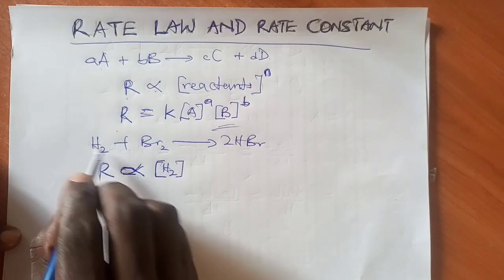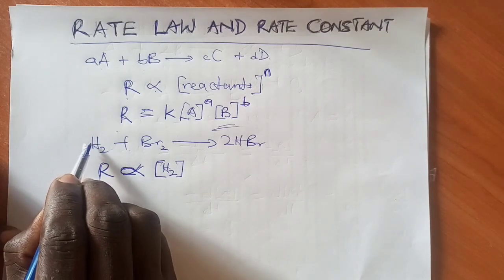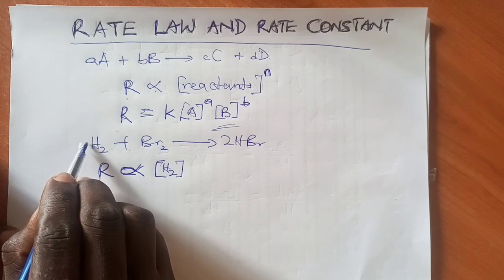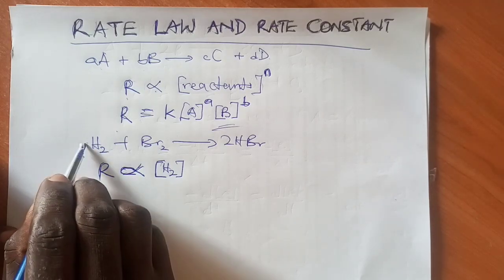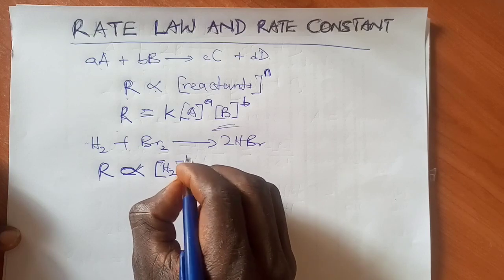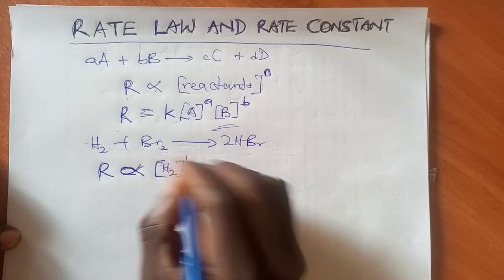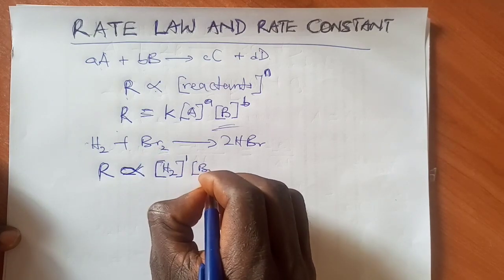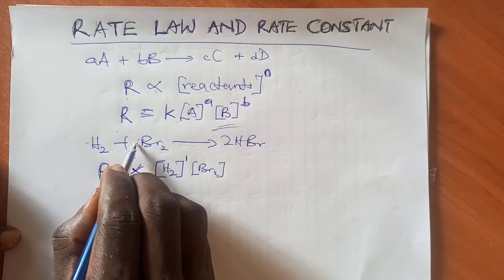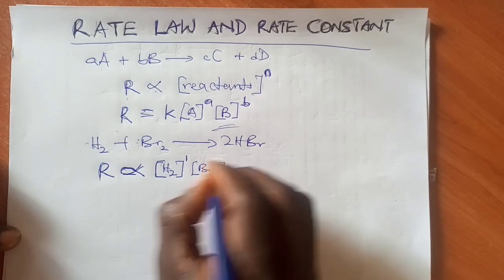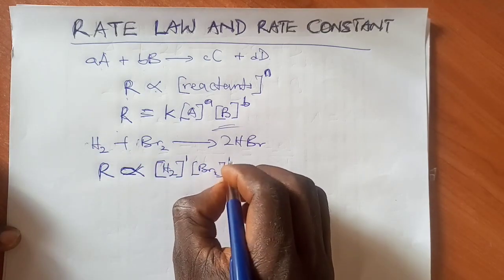What is the power? The power is related to the coefficient of the reactant, which is the number of moles. So you have one here, that means one will be here. Then you also have the concentration of bromine raised to the power of its coefficient, which is one.